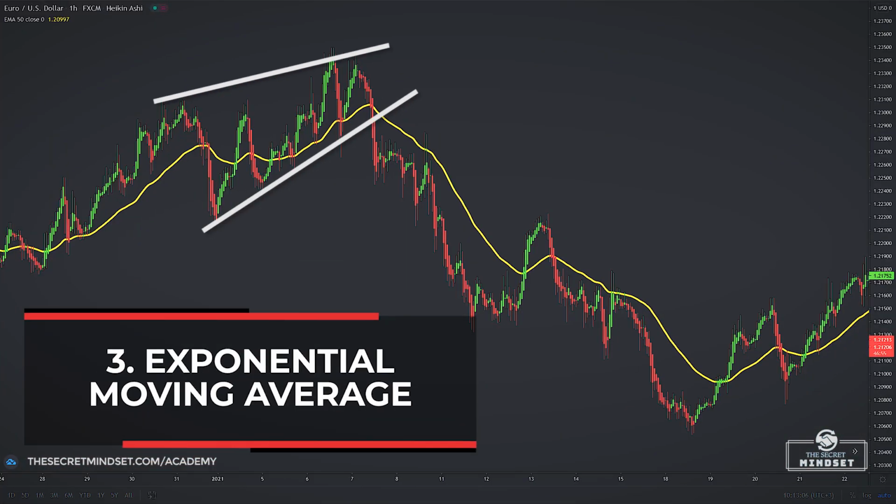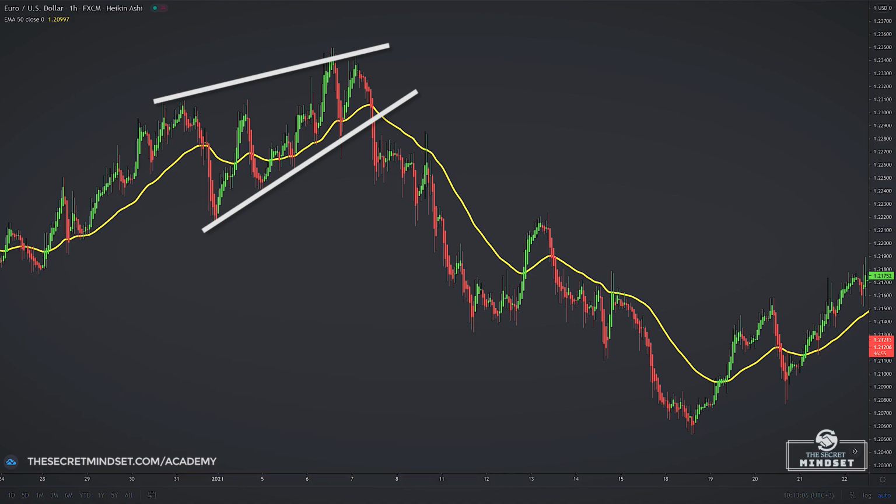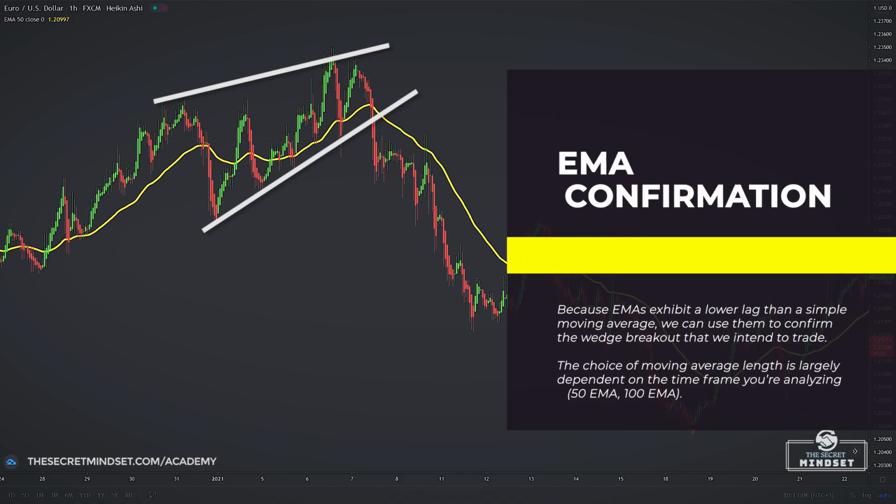The third component of our strategy is an exponential moving average, mainly to confirm the wedge breakout that we intend to trade. We will use an exponential moving average because it exhibits a lower lag than a simple moving average, which makes it better for identifying how the price behavior may be changing. The choice of moving average length is largely dependent on the time frame you're analyzing and your trading style.